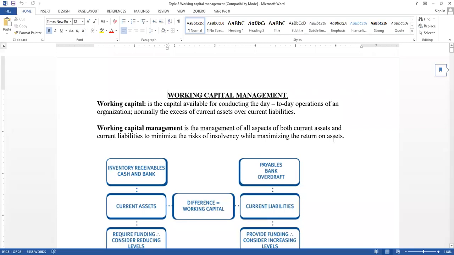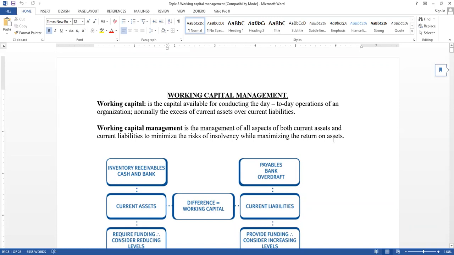So our third topic is working capital management. I believe all of you have the notes on working capital.